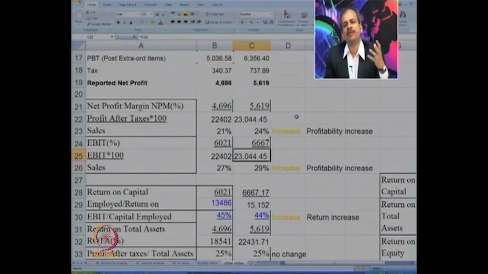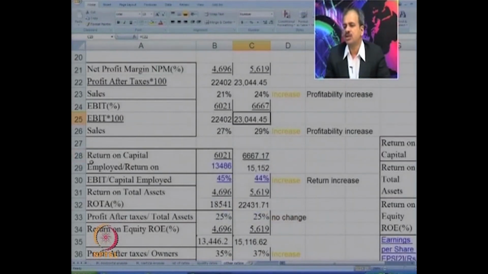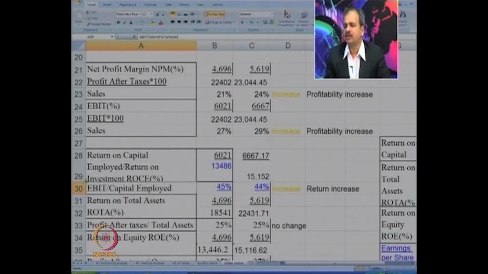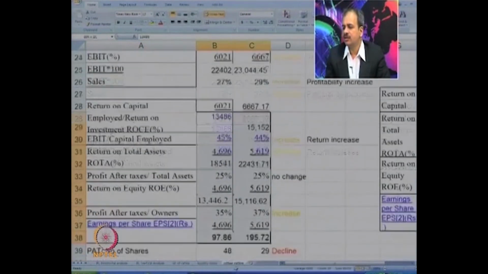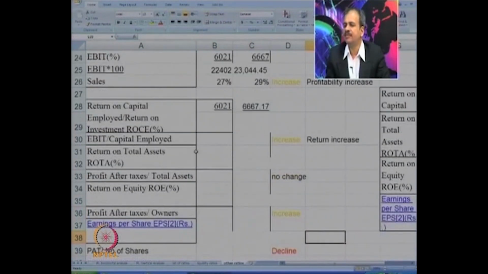Now, we try to look at profitability from the angle of return. So, the first formula is return on capital employed, which is also known as return on investment, popularly known as ROCE. The answers are already calculated, so I will just cut them.